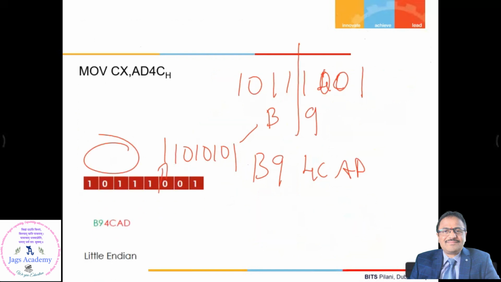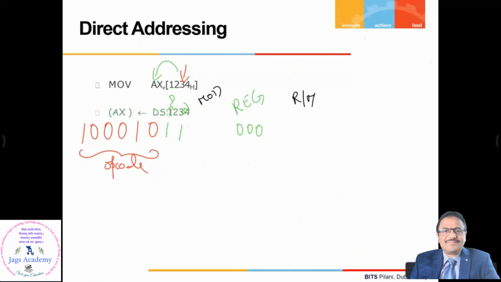So let us go to our question. Now, can you tell me what the mode bit is? 0, 0. What is R by M? 1, 1, 0. Now, you have got your complete 16-bit machine instruction. This is your 16-bit instruction and it is followed by the address.